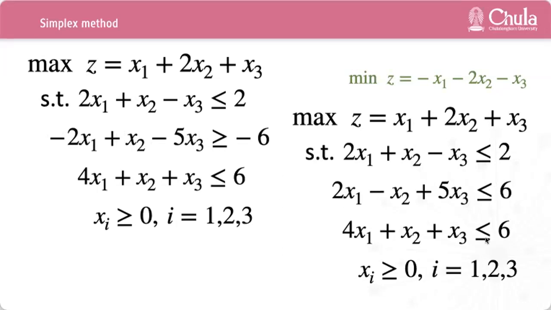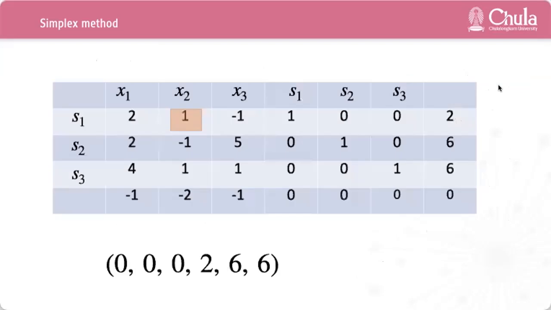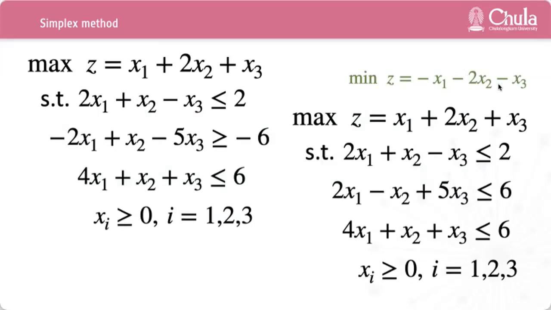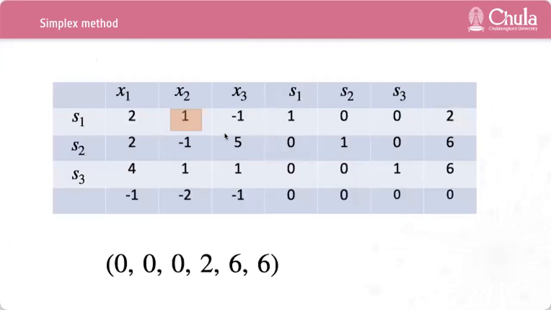So we transform it to this problem. And of course, maximizing x1 plus 2x2 plus x3 is equivalent to minimizing minus x1 minus 2x2 minus x3. We add slack variable s1 here so it becomes equal. We add s2 here, it becomes equal. We add s3 here, it becomes equal.